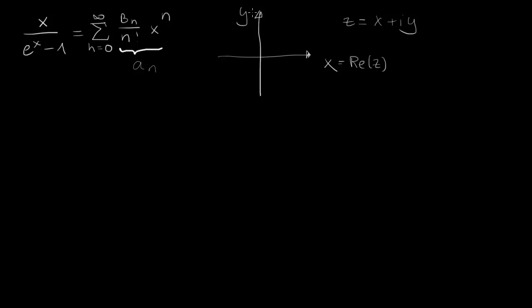So let's just write it, this is the imaginary part of z. Okay, and what this theorem tells you is, to find the radius of convergence, the only thing that we have to do is find the singularity that is closest to the origin. For example, a singularity or pole of the function.